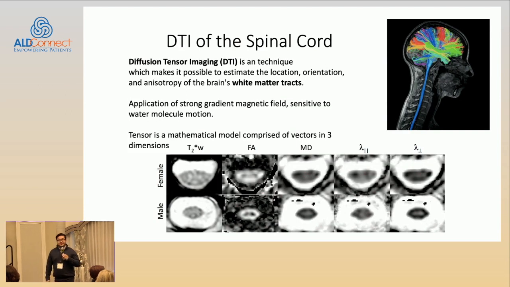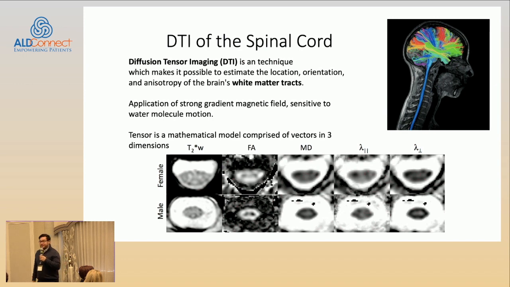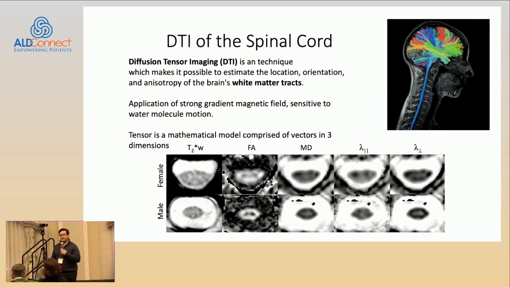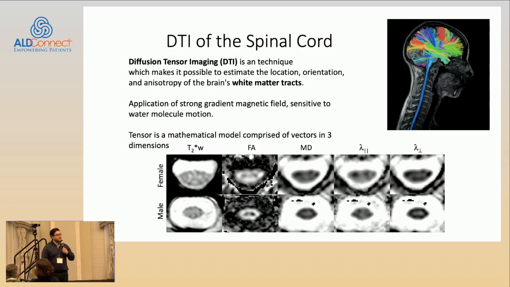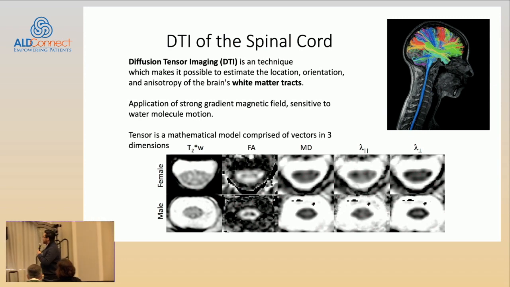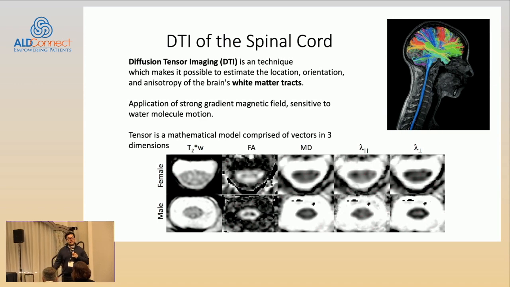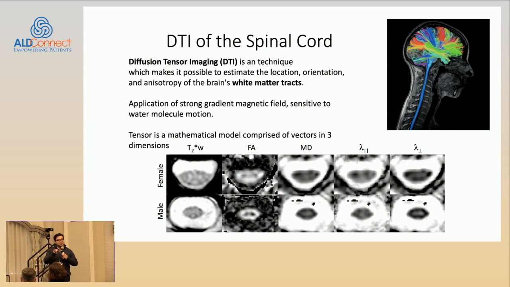I'd like to touch on DTI, diffusion tensor imaging of the spinal cord. This is a wonderful technique, and I'm just going to very briefly go through the introductory slide of what DTI is. It applies a very strong magnetic field to the image, and water molecules that move in the image lose their signals as they move.